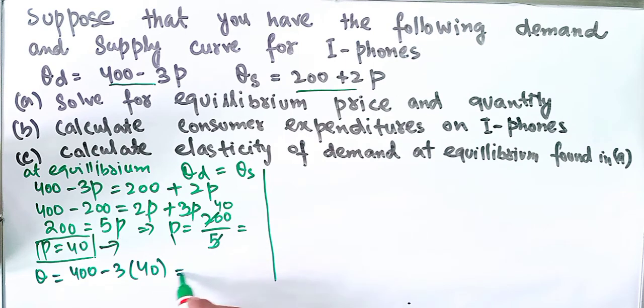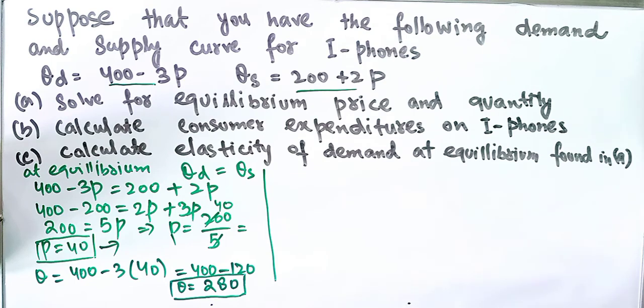So when solving, it comes out to be 400 minus 3 4s are 12, this is 120, which will come out to be 280. So the quantity demanded or supplied at the price of 40 would be 280.